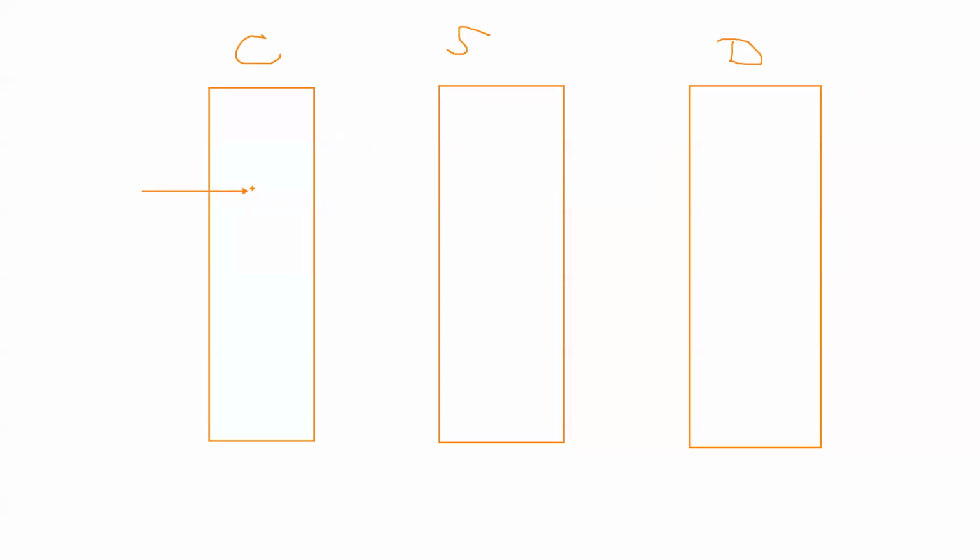As it was stated previously, we have a three-tier architecture: controller, service, data access layer. The controller gets the request and is responsible for creating the model.